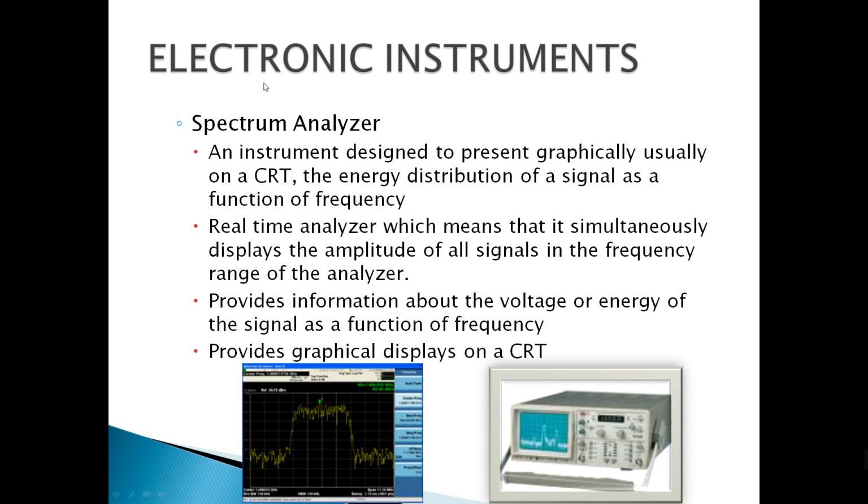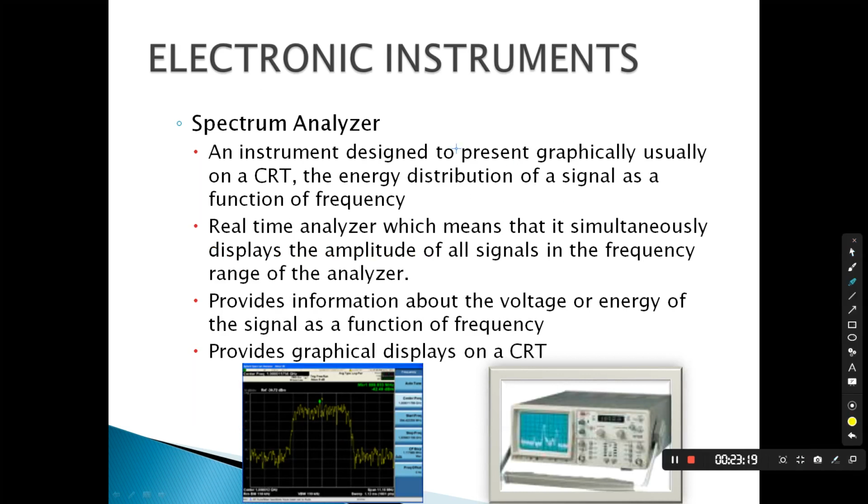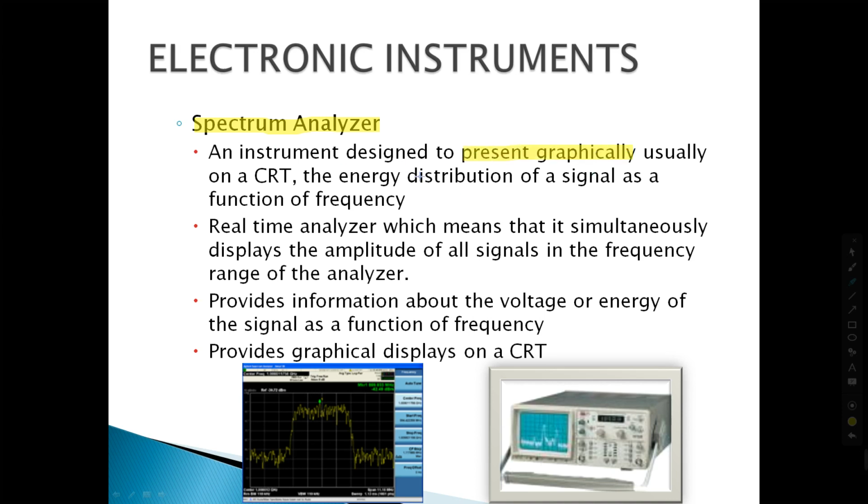Then we have spectrum analyzer. If we have oscilloscope that can display analog signals, spectrum analyzer is used to present graphically, usually on a cathode ray tube, the energy distribution of a signal as a function of frequency. Take note, frequency domain. So oscilloscope is time domain, spectrum analyzer is frequency domain.